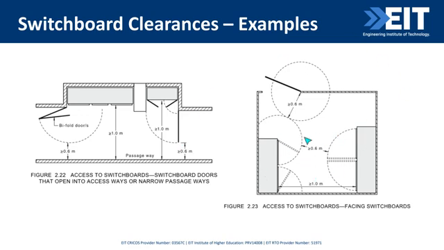If you have switchboards facing one another, then imagine you're opening the doors of both of those switchboards, and you want to make sure you have enough space remaining when those doors are open. Not only so that they don't clash, but so that you have enough space to get out of that plant room in the event of an emergency.